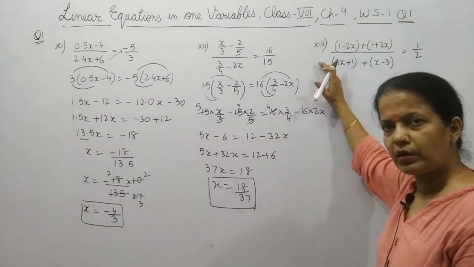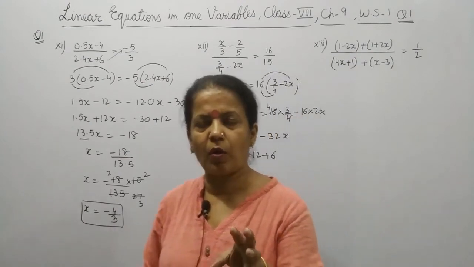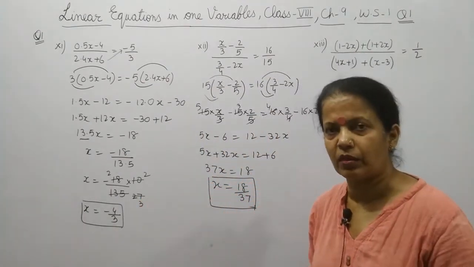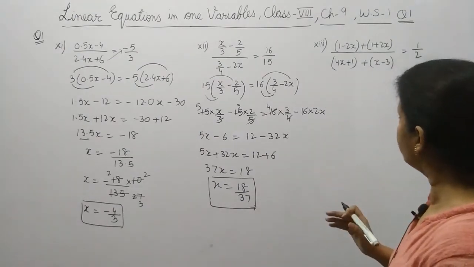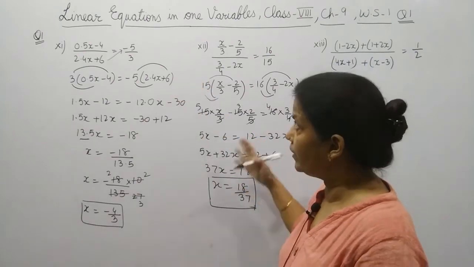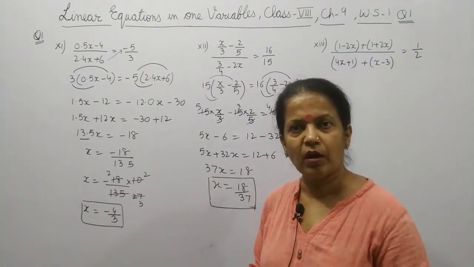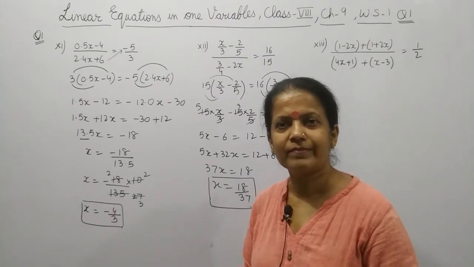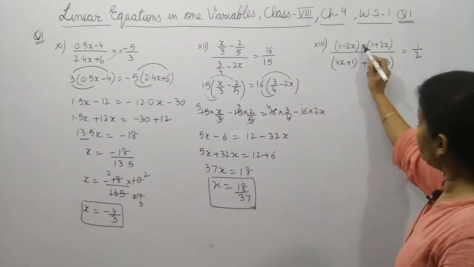In this part, can you tell me, after observing the question, what should be the right method? What will it be? Should we cross multiply first as we have done in the previous questions, or do we have to follow some other rule? Tell me. Okay. See, there is a plus sign.